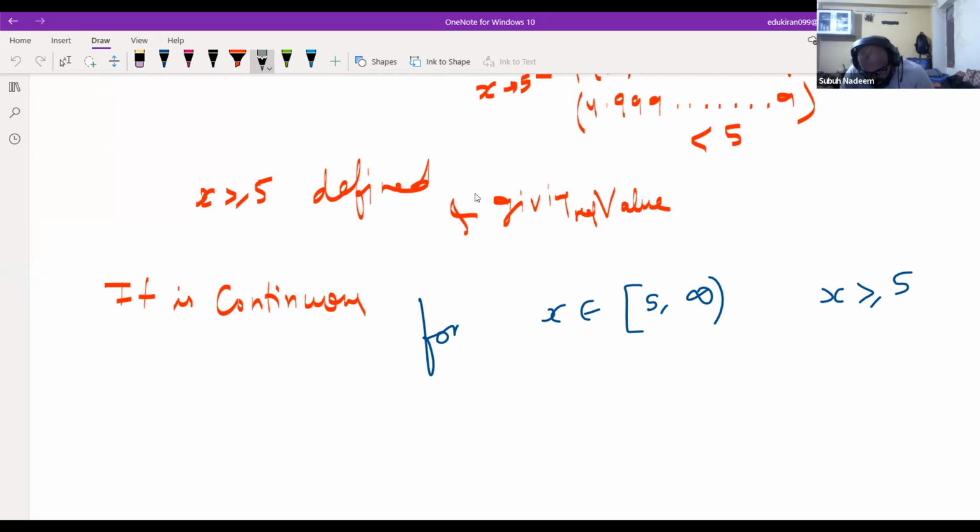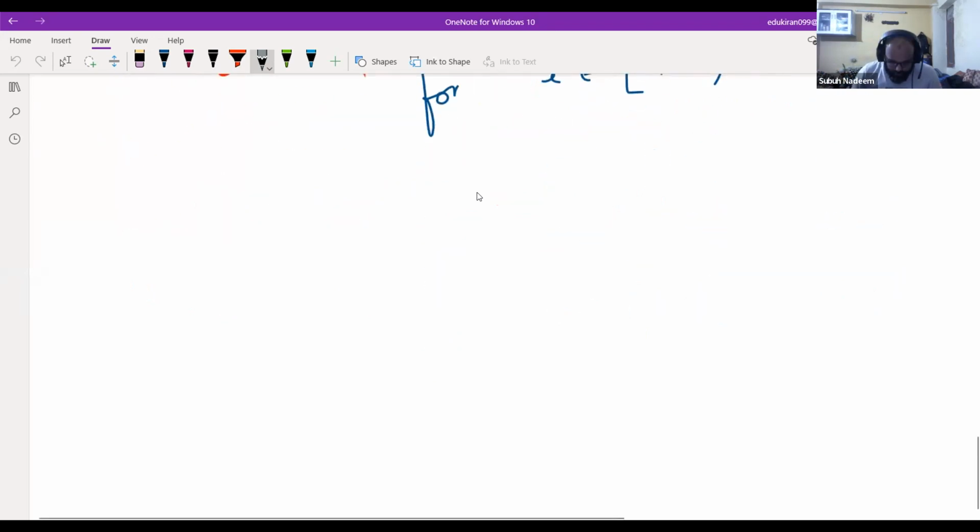This question is f of x equal to 4 for x less than -2, x square for x between -2 and 3, and x for x greater than or equal to 3.